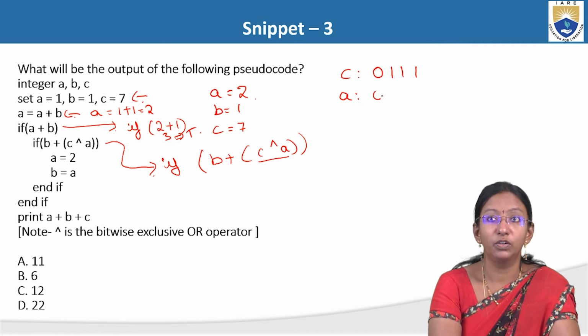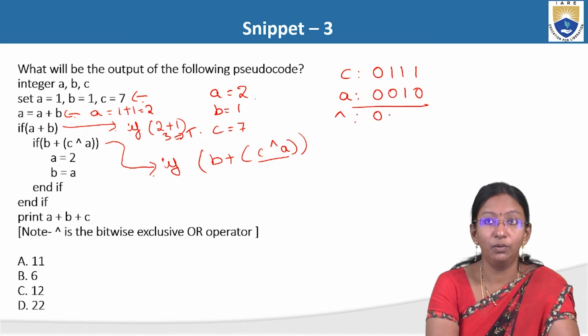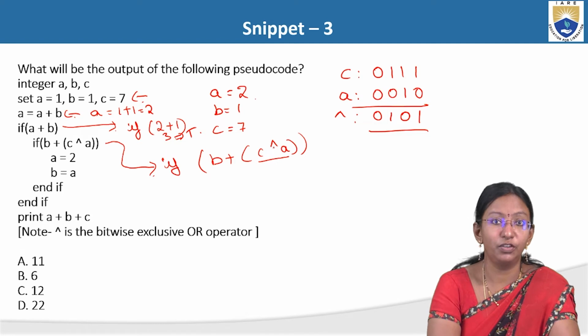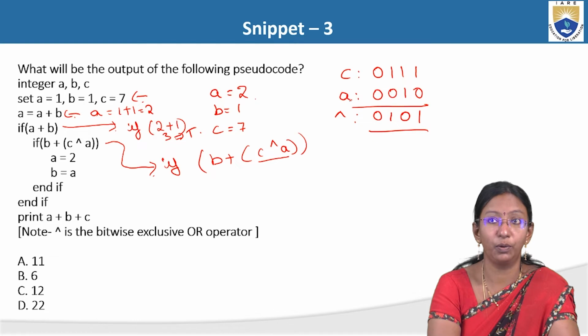So 2 is 0010, and an XOR operation will give you the result as 0101. Why is it so? Because XOR operation tells you that if both the values are the same, the result will be 0. If the values are different, the result will be 1.